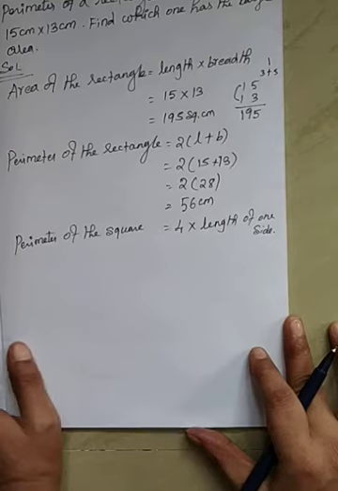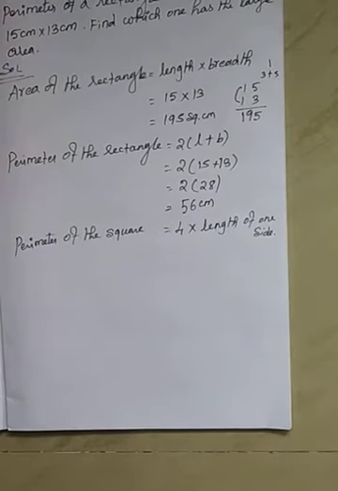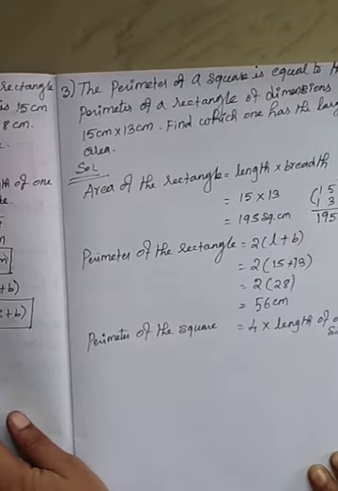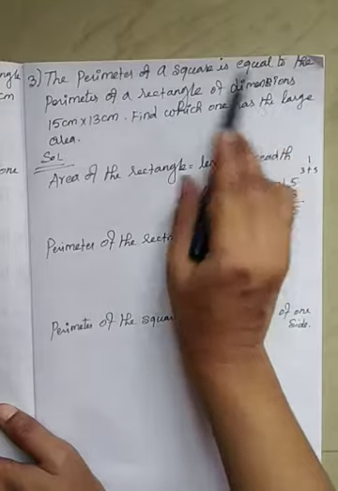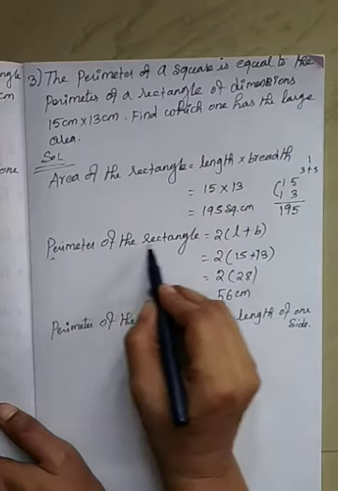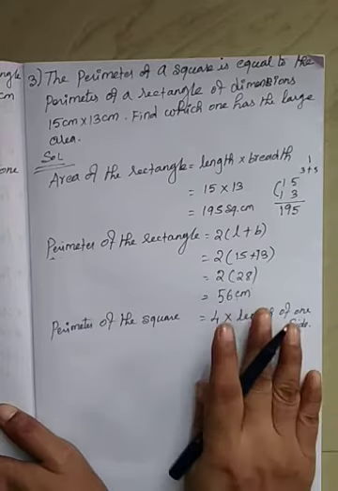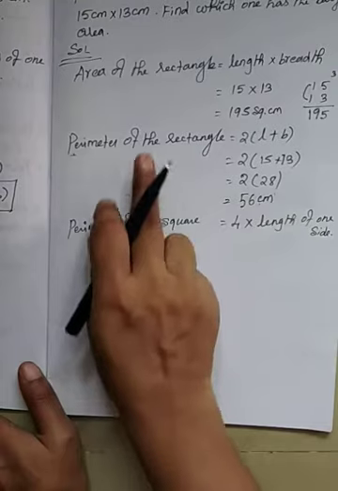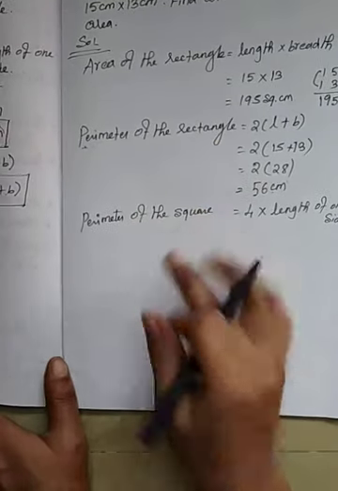So see here, in this one, see the first line, the perimeter of the square is equal to the perimeter of the rectangle. See here, you have found the perimeter of the rectangle is 56 centimeter. Right? So, the perimeter of the rectangle is nothing but perimeter of the square. Right?